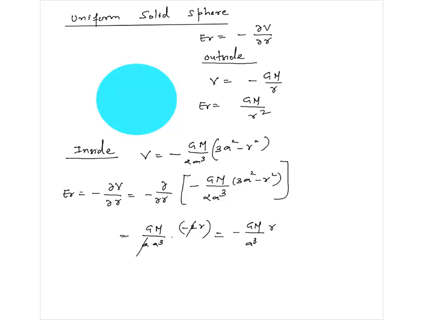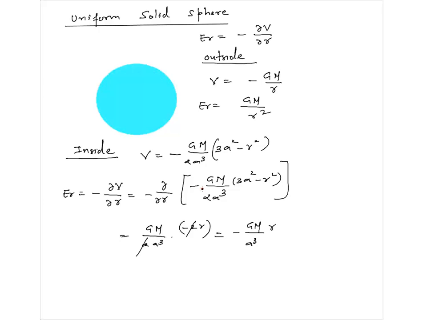I don't think it should be minus. Let me recheck. Okay, fine. This is a vector actually, so there was no arrow. That's why some confusion. It's okay.